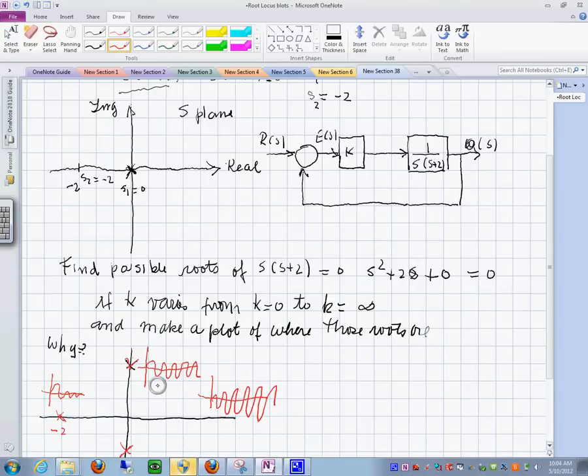So this is all oscillation. This would be unstable. And this would be a damped system. So you want to stay on this side. You do not want to go to the other side.